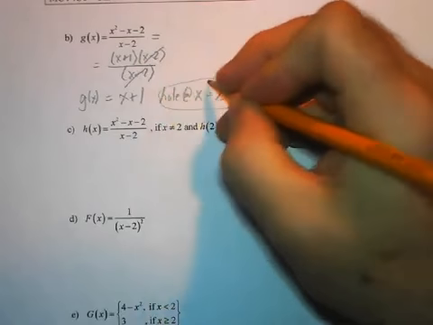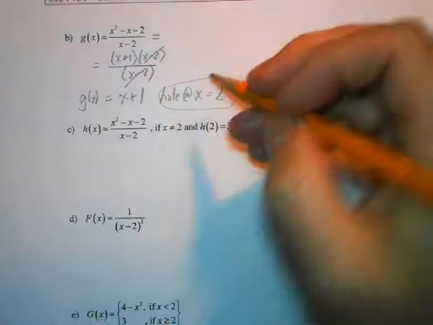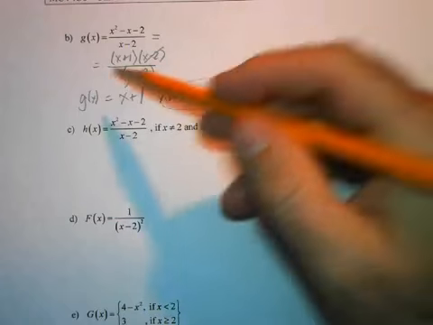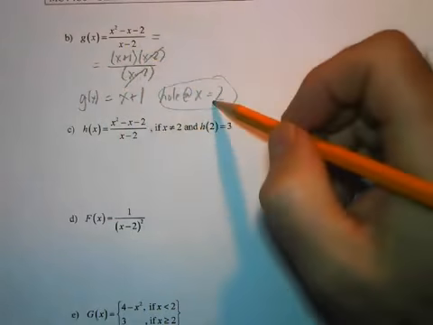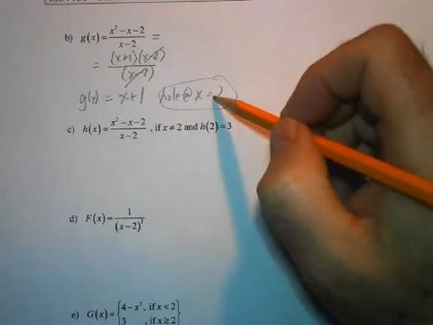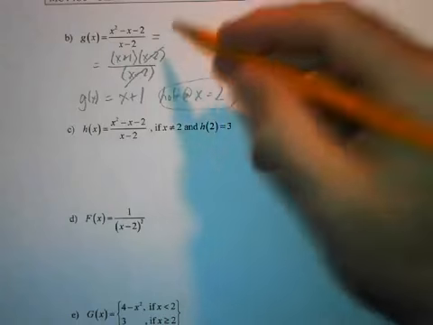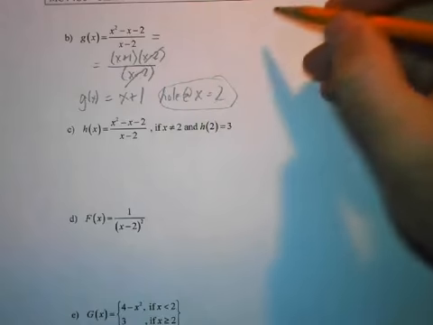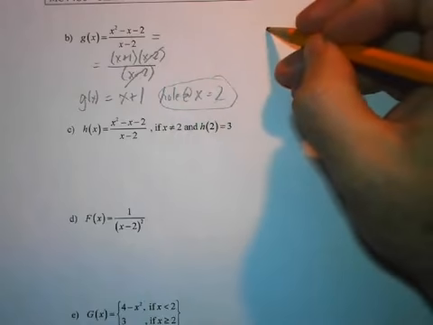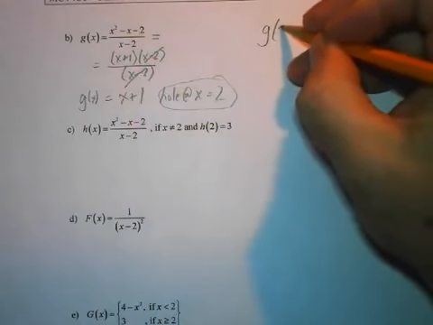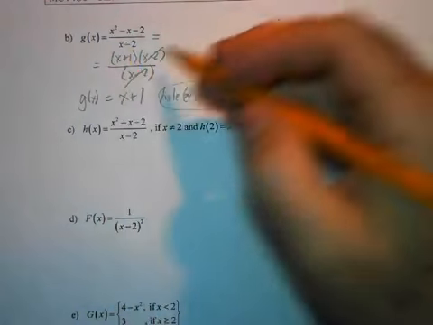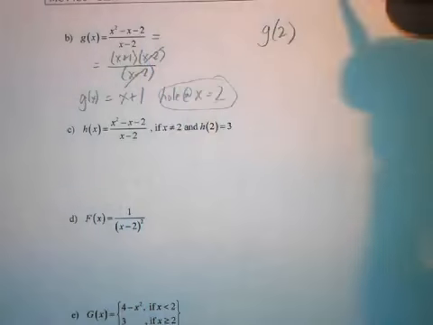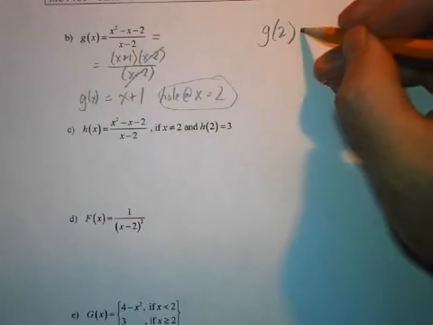Okay, so the fact that there's a hole there, since we are checking for whether it's continuous or not at x equals 2, obviously that's one of the cases where it's discontinuous. But let's do it the formal way. The first thing we're going to do, the function's g, so g of 2, we plug that in, we get 4 minus 2, that would actually be 0 over 0.